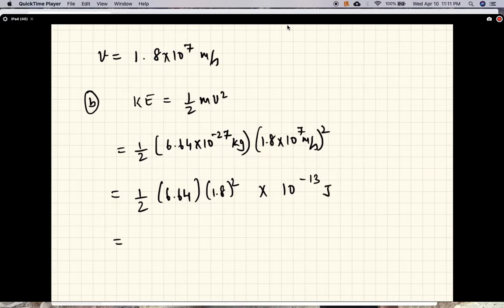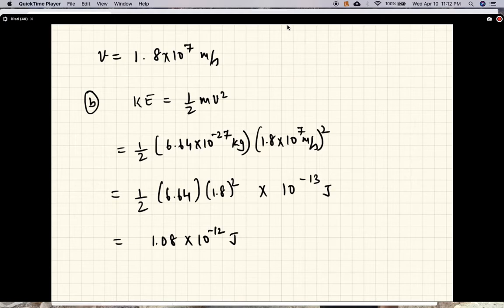Okay, so let's look at this. 0.5 times 6.6, so that's about 1.08 times 10 to the minus 12 joules.